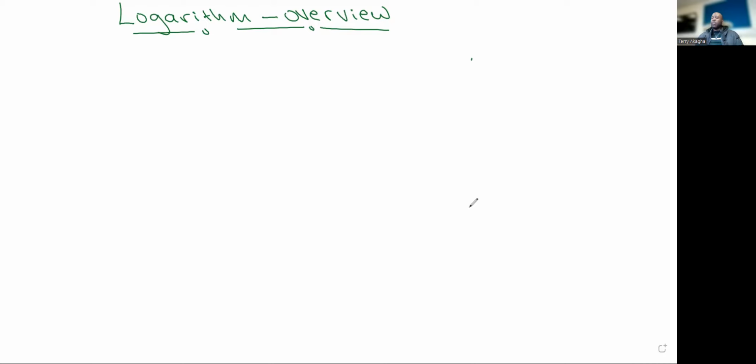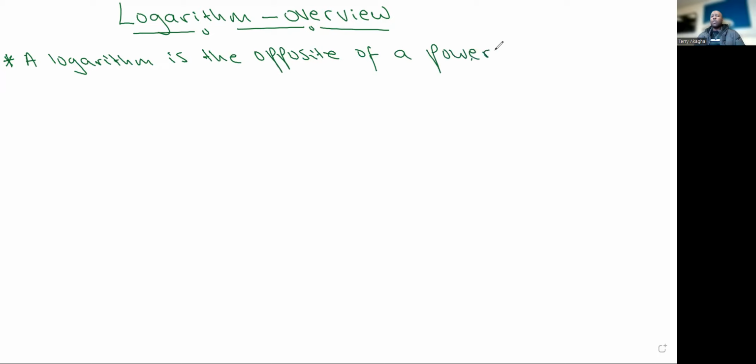All right. So let me just write down what I just said for those that are taking notes. The first thing I said was that the logarithm is the opposite of a power.